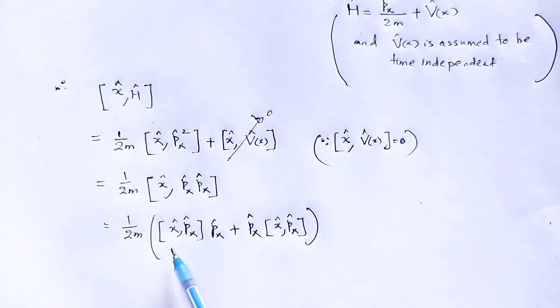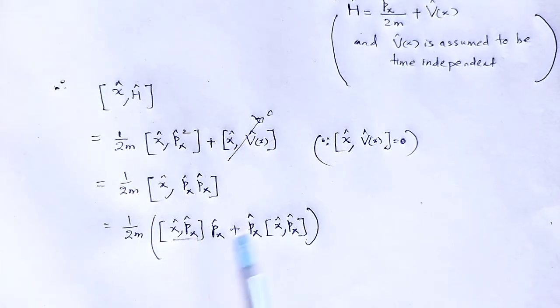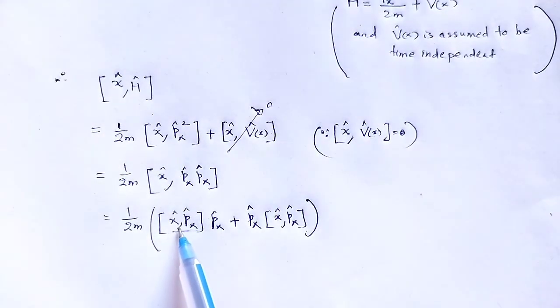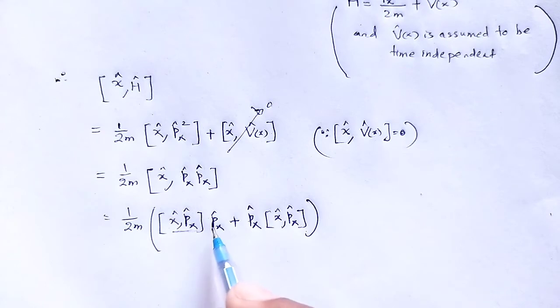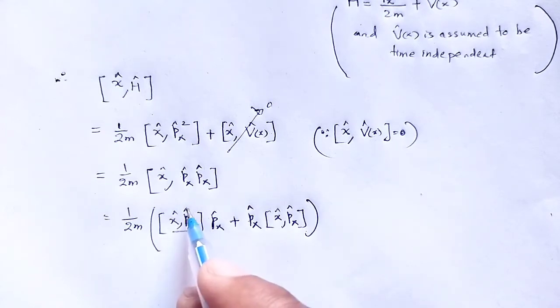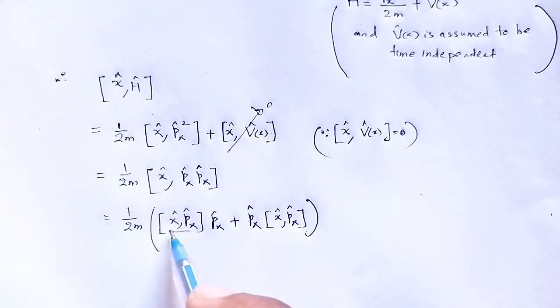Now we know the commutation relation between position and momentum will be i h cross delta ij when in the same component, x component or y component or z component. Here i j will be 1, therefore that value will be 1, a Kronecker delta function. That means the commutation relation between position and momentum of the same component will be i h cross.